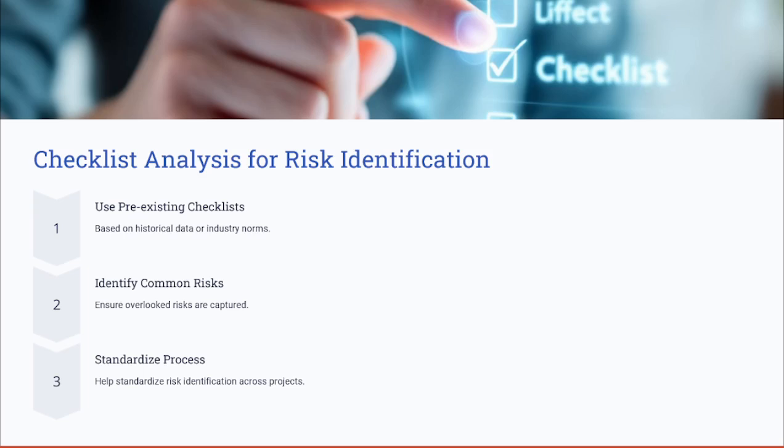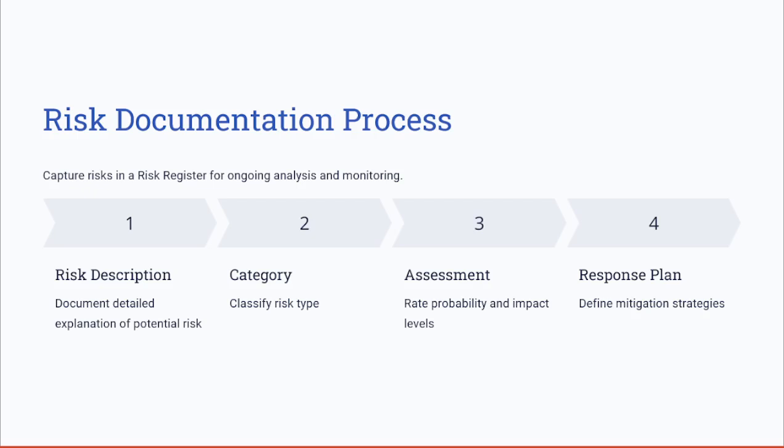The risk documentation process is a very important thing when talking about identifying risks. Once the risks have been identified, using tools like brainstorming, SWOT analysis, checklists, or expert judgment, and all of these tools that we have discussed before, it's essential to document them in a risk register.